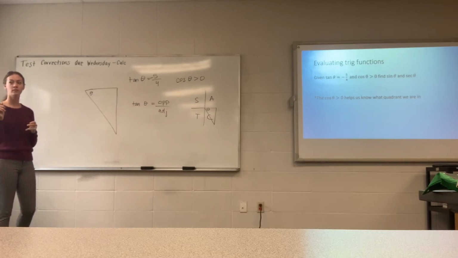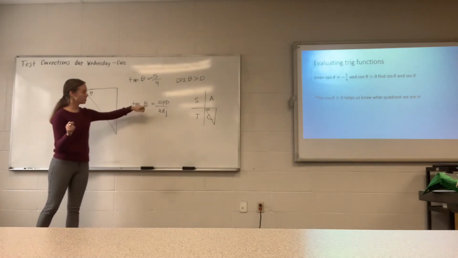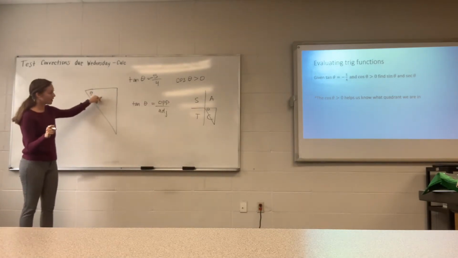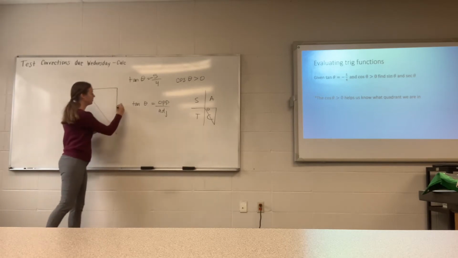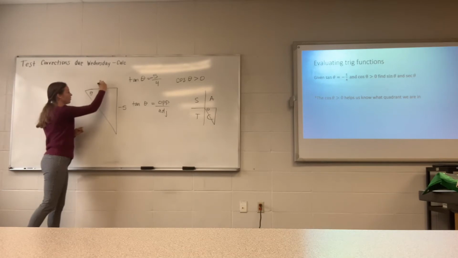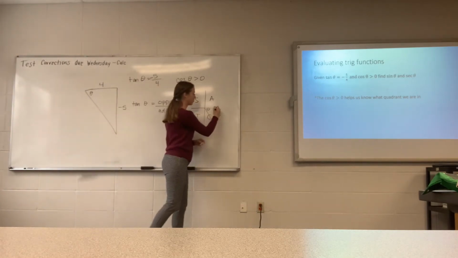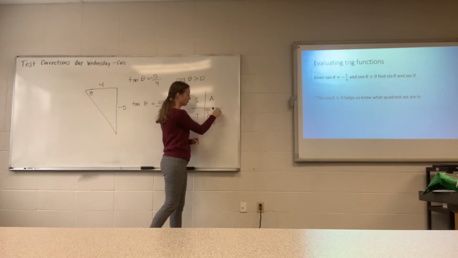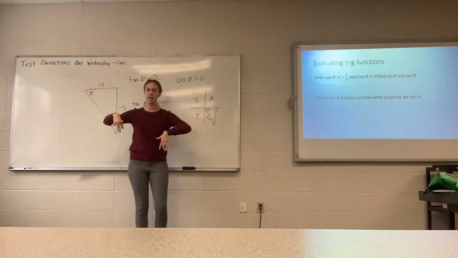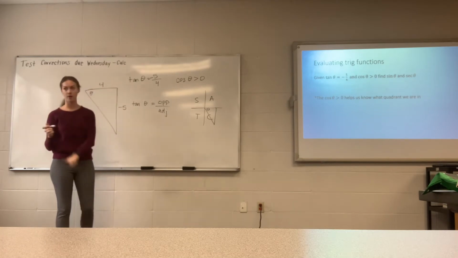If we think my tangent is my opposite over my adjacent, my opposite side is going to be negative 5, and then my adjacent side would be 4. That makes sense because if you think about your x and y axis, this is positive, but going down, we're going down into the negatives. So it makes sense that this number is negative and that number is positive.